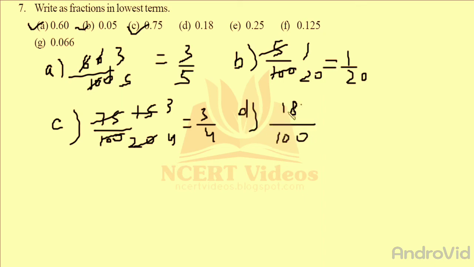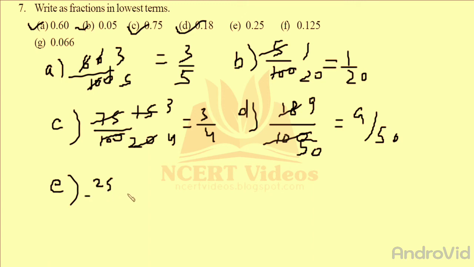18 over 100. 2 9s are 18, 2 5s are 10, 0. Not further reducible, therefore 9 over 50. E part 25 over 100. Simply goes with 25. 4 into 25 gives you 100. So 1 over 4 or 1 quarter.